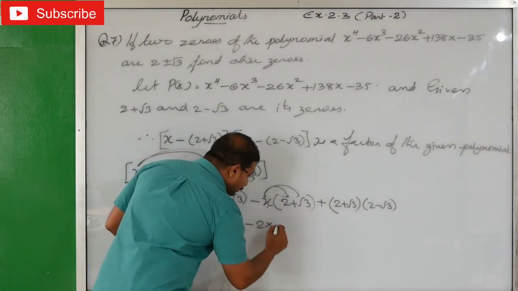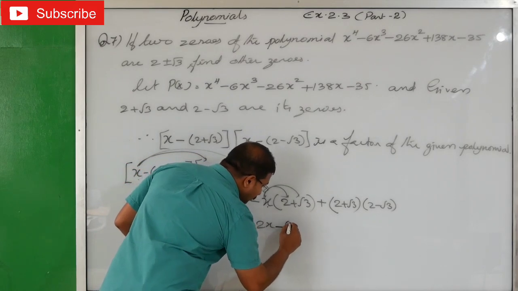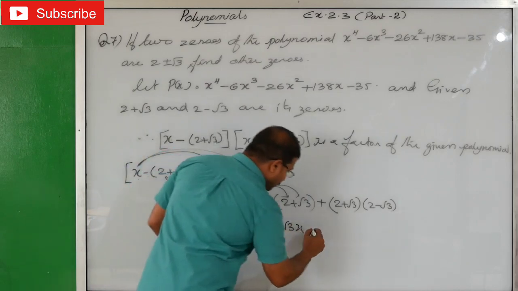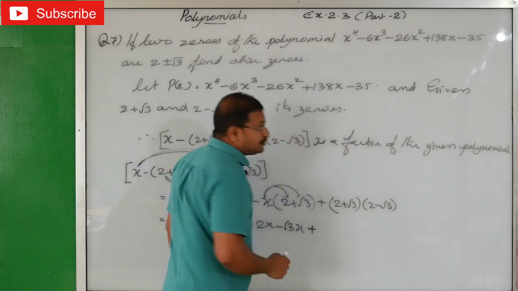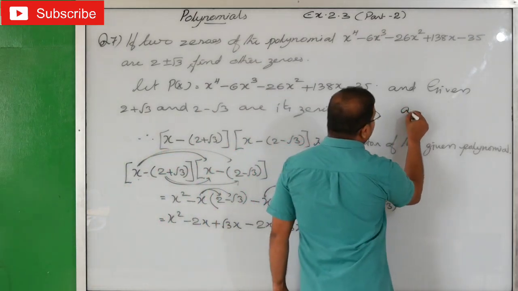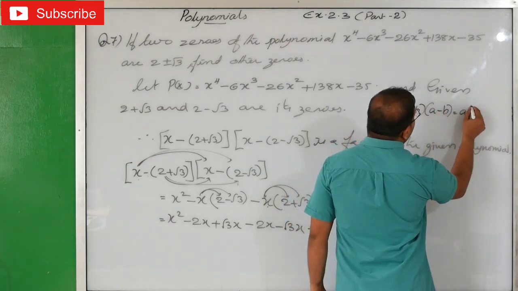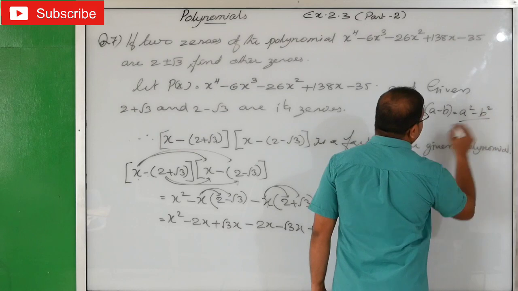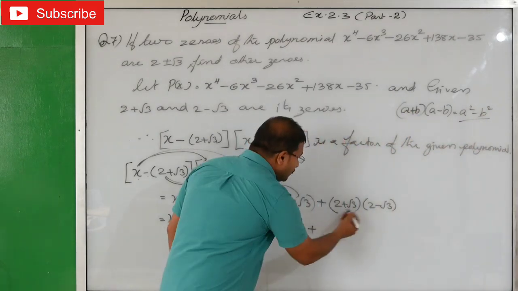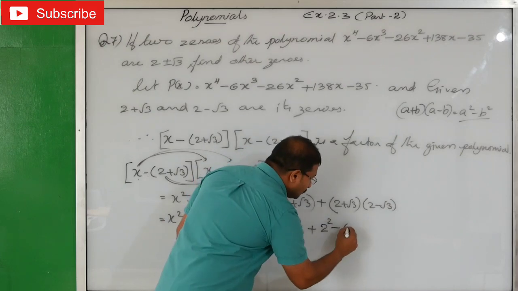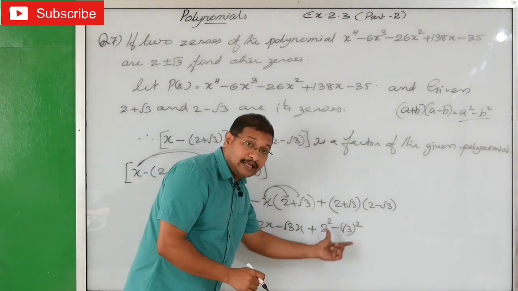Minus x into plus root 3 means minus root 3x. Okay, this will multiply. Plus a plus b into a minus b. See, a plus b into a minus b. What is the equation? a square minus b square, isn't it? So we'll write here 2 square minus b square, root 3 square. Understand? I am writing this.